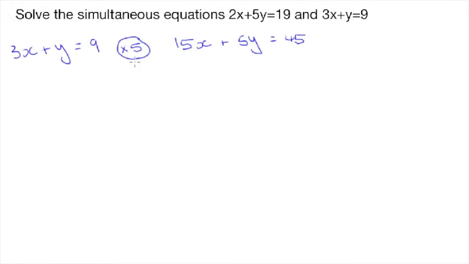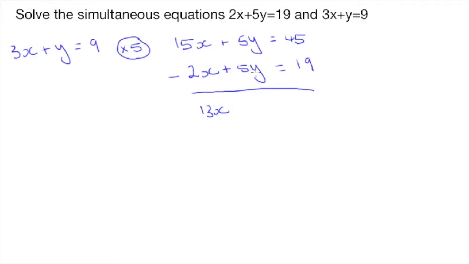And remember, when you multiply by 5, you have to multiply both sides of the equation, otherwise it won't balance out. Okay, so 2x plus 5y equals 19. And I'm subtracting because there's two positives and I want to get rid of it. So 15 minus 2 is 13.